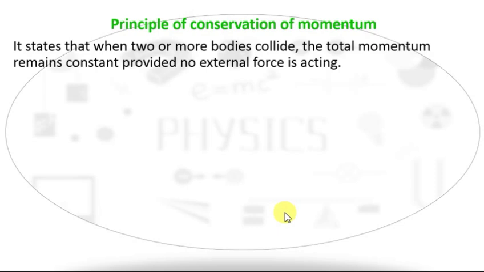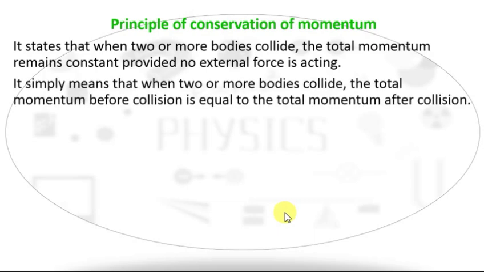What do they mean? That if two bodies are coming together, one body is carrying its momentum, another body is also carrying its momentum, the total momentum they have before they collide will be the same total momentum they will have after they collide. Basically, that's it. When two bodies collide, the total momentum before collision is equal to the total momentum after collision.